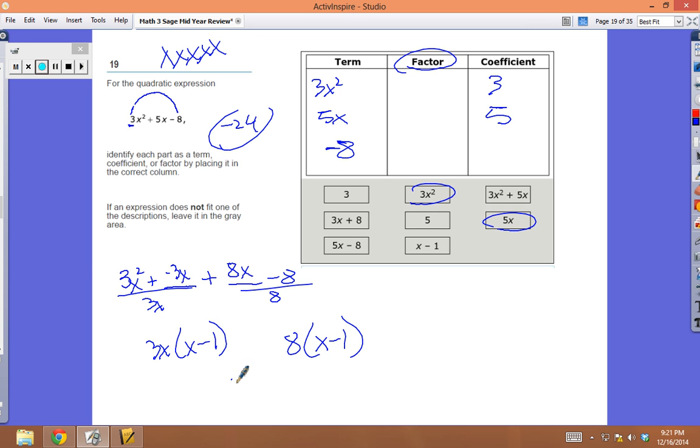So now it's going to be 3x plus 8 times x minus 1. So the factors, that is a factor, 3x plus 8, and x minus 1. So it's almost perfect if we just had a negative 8 there.